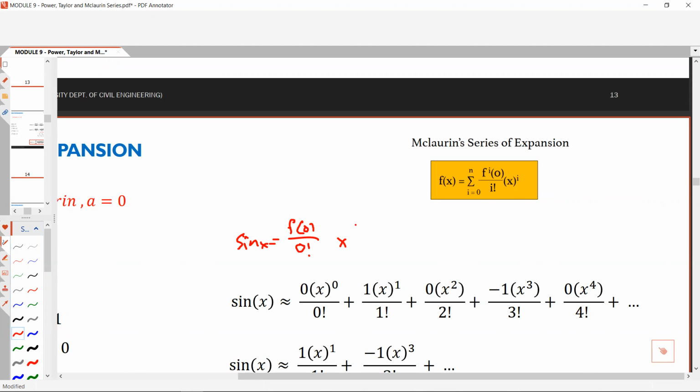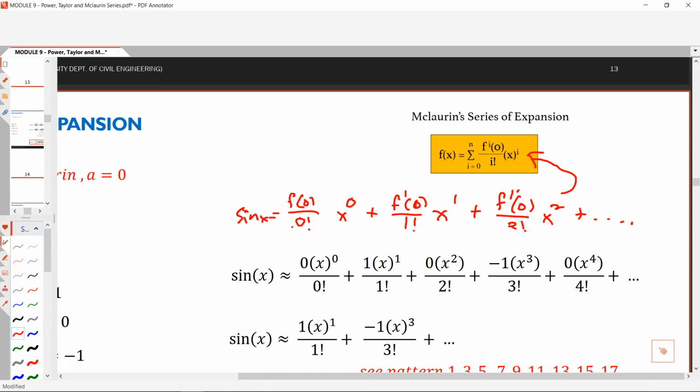Then plus f prime of 0 over 1 factorial x raised to 1, plus f double prime of 0 over 2 factorial x raised to 2, and so on. Notice I just expanded it, starting from 0, next is 1, 2, and so on.